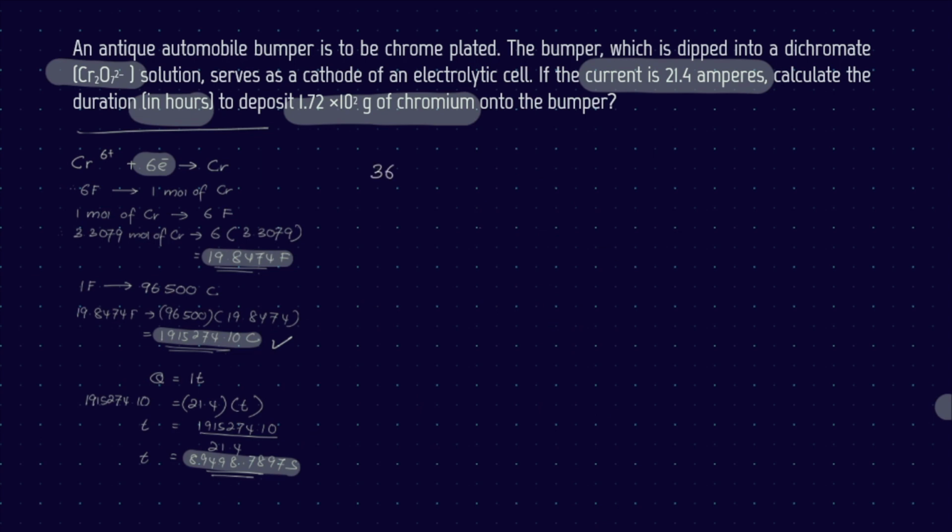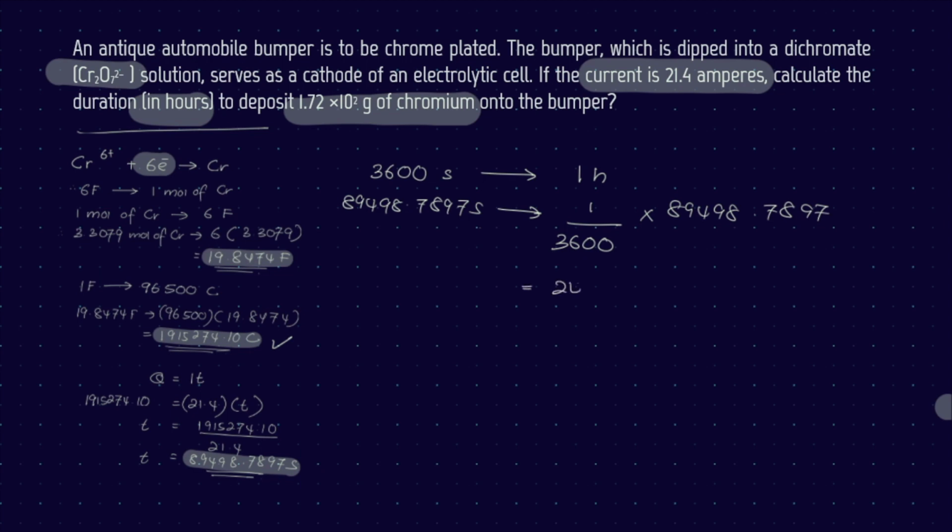So we have 89498.7897 seconds, equivalent to 1 divided by 3600 times 89498.7897, so you will get 24.8607 hours. So this is the final answer for the 7th question.